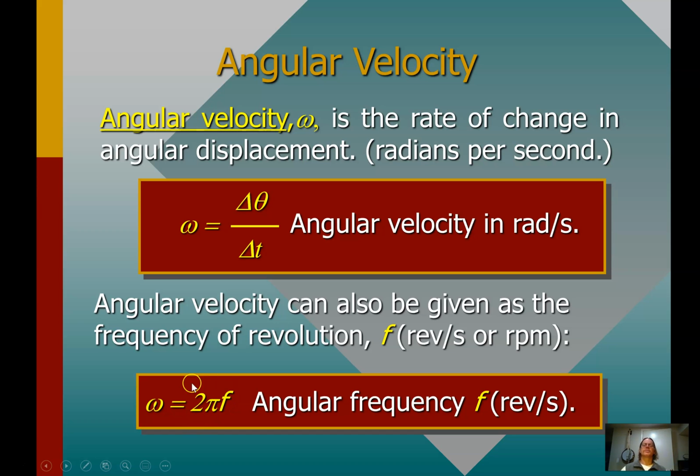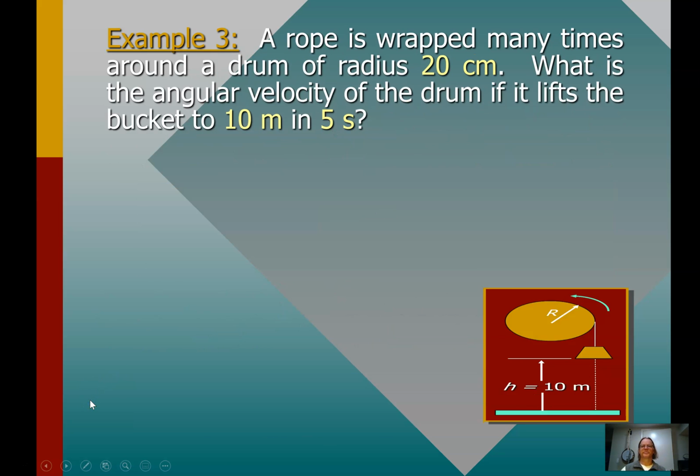So if you want to convert this back to radians per second, multiply by 2 pi. So long story short, you don't need this. This is what you need. If you want to do revolutions per minute, perfect. It's still an angular velocity. Okay? So some people in the physics world, they call it an angular frequency. Whatever, it's still an angular velocity.